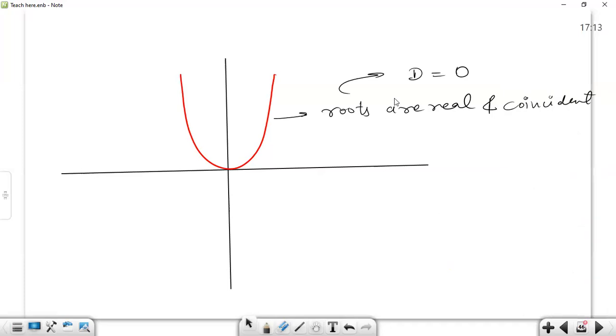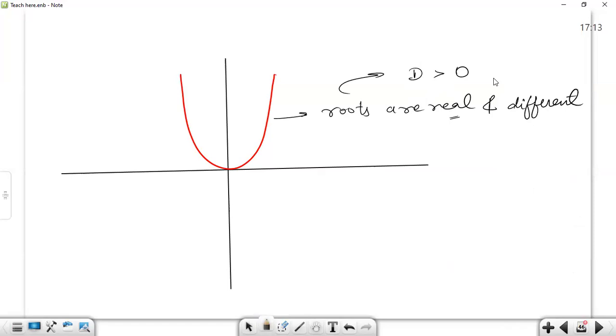Now, if the discriminant is positive, meaning it is greater than 0, then what will happen? Then the roots will be real, of course, but the roots will be different in that scenario. If the roots are different, how many roots will there be?